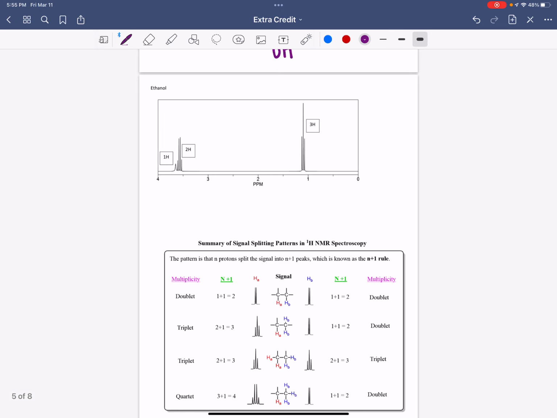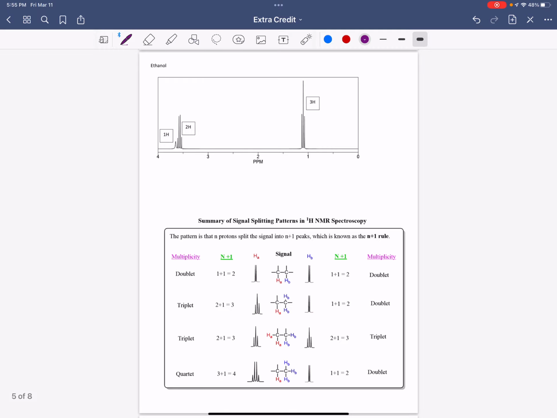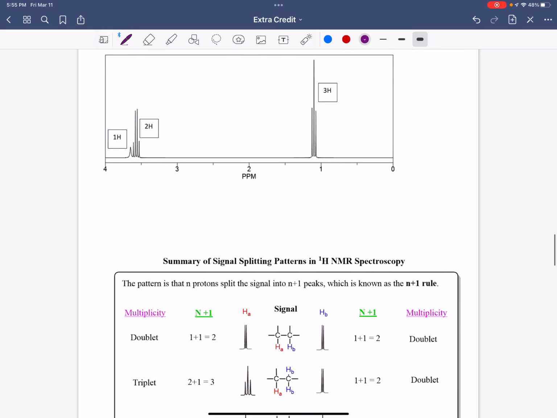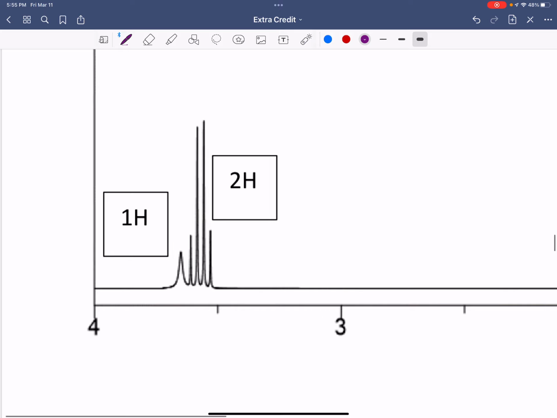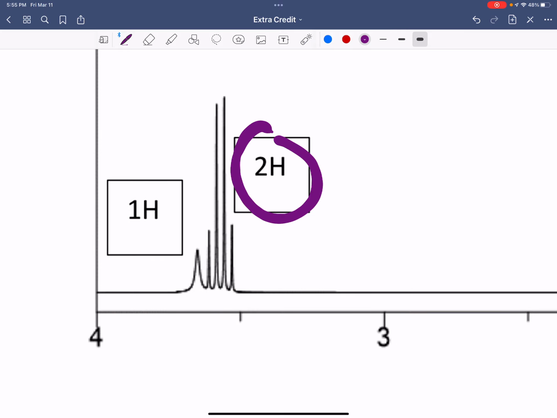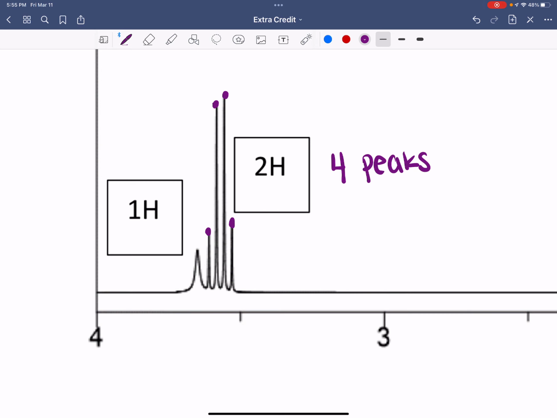So another thing that I would look at is how many peaks there are. So when we're looking at, let's say, this 2H group, there is 1, 2, 3, 4 peaks. But when we use the n-1 rule, that would be 4 minus 1, which equals 3, which would mean it would have 3 neighbors.